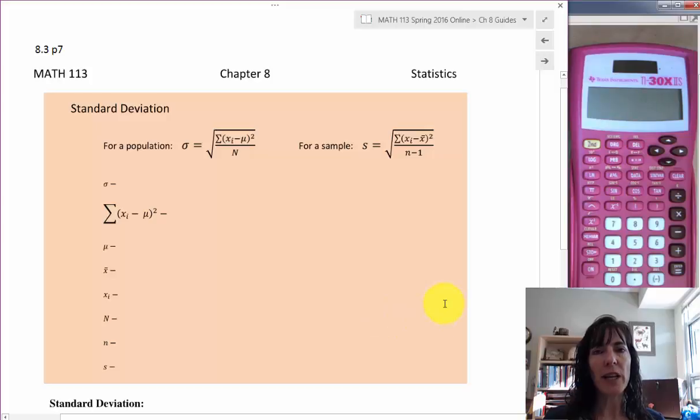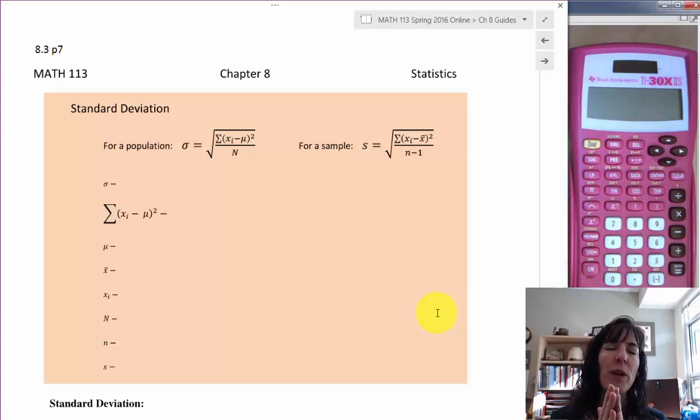The standard deviation is another measure of variability or spread for a set of data, but it's measured based on the mean. So when we find that arithmetic center, then we start measuring how far each data point is away from the mean to find out what that standard deviation is. So it's a little bit more dependent on the data, and it measures each data point's distance from the mean.